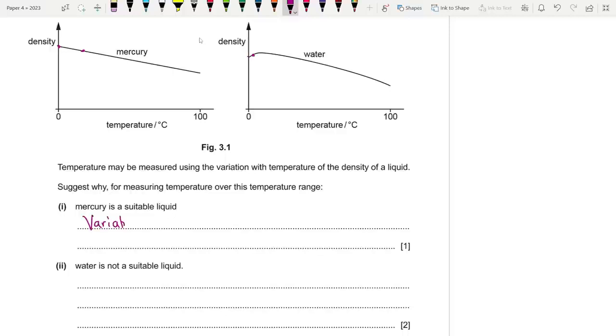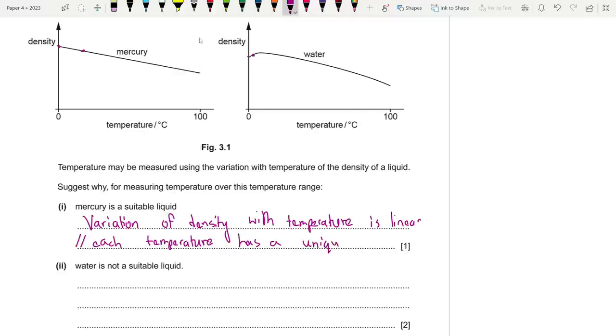Firstly, the variation of density with temperature is linear. Or you could state that each temperature has a unique value of density. That's an important point that you can highlight.